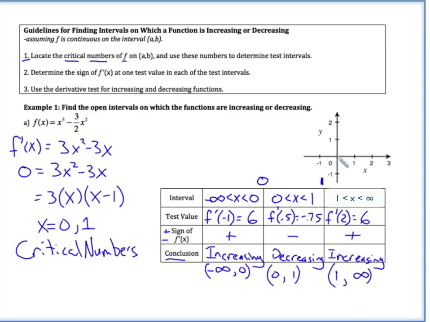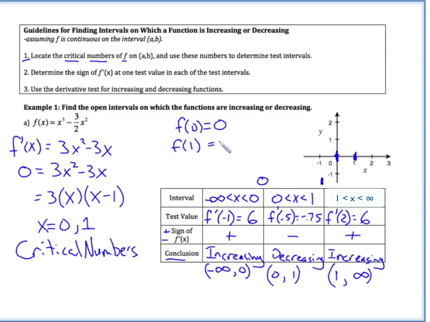Okay, so graphically what we can know here is that at 0 we have a critical number, and then at 1 we have a critical number. And we can find our f values here at 0. So f of 0 equals, that's got to be 0. And then f of 1, that's going to equal, let's see, 1 cubed minus 3 halves.